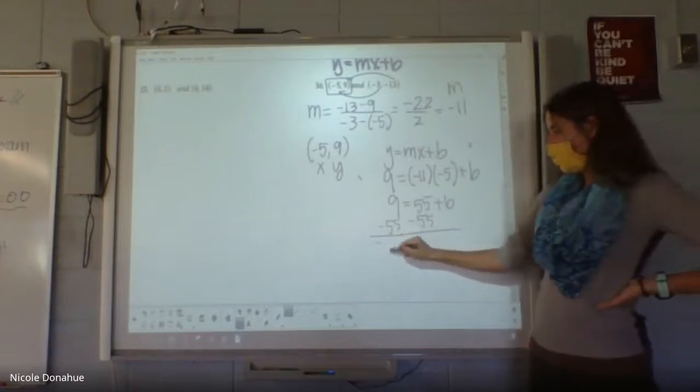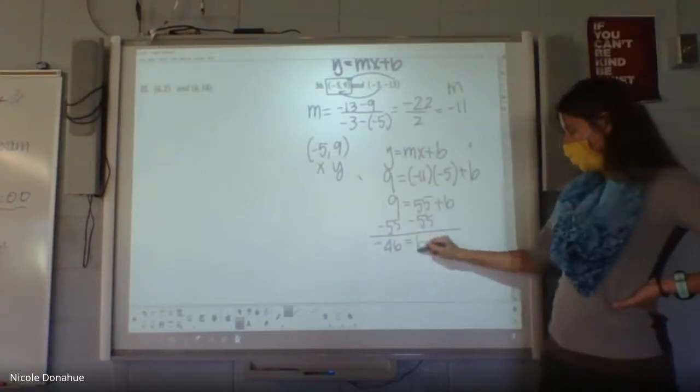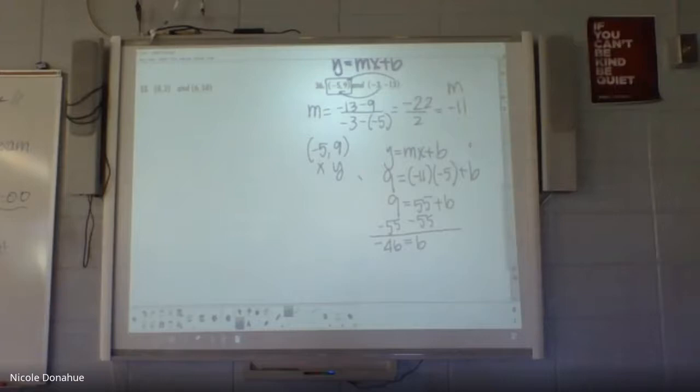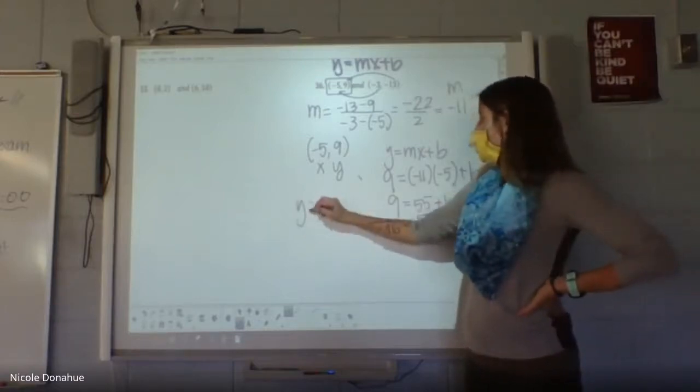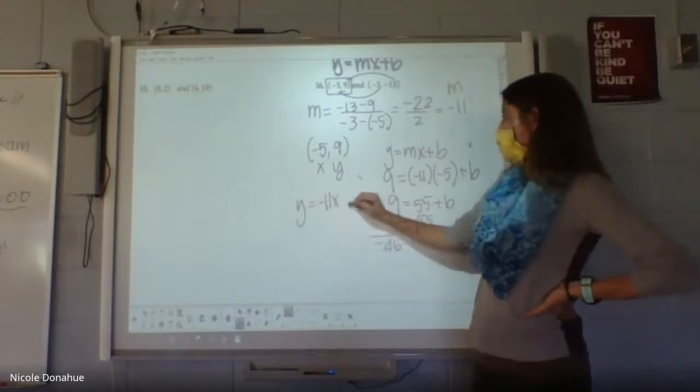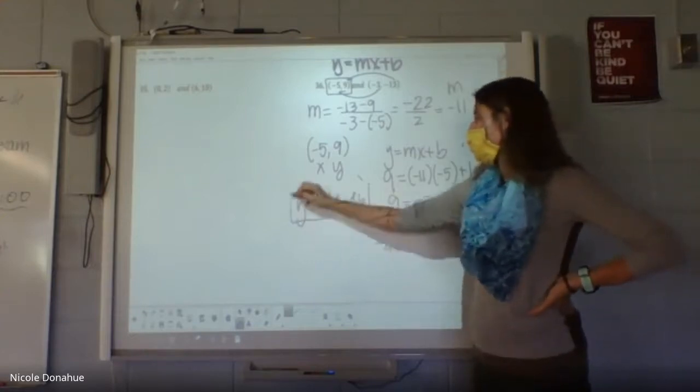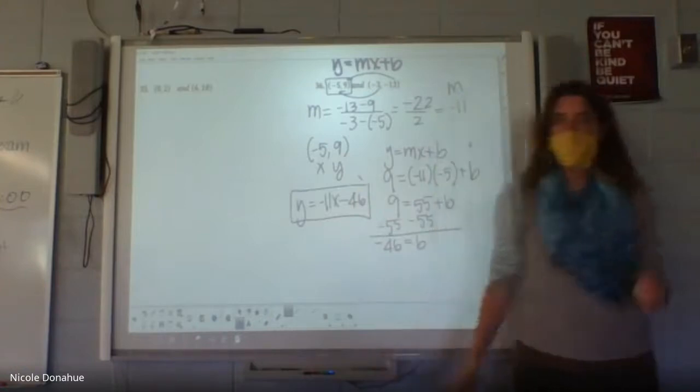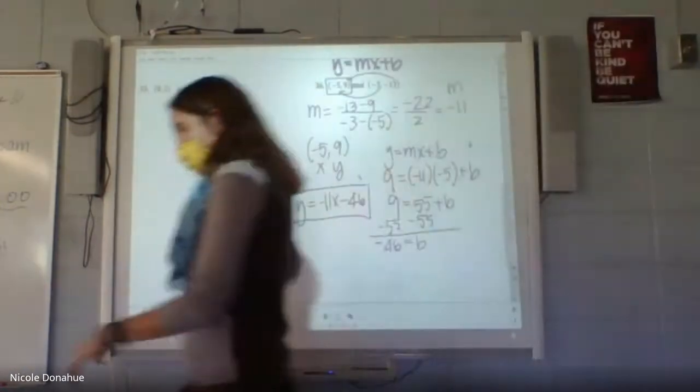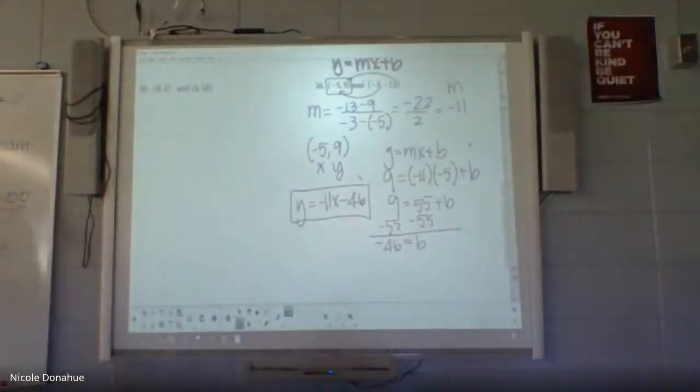So this is -46, I believe. And so then I get y equals -11x minus 46. And so that's my equation of the line that goes through those 2 points.